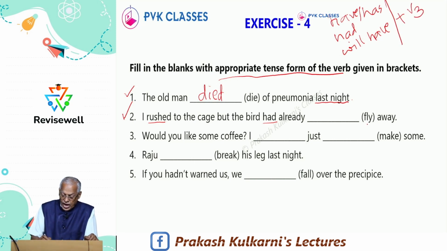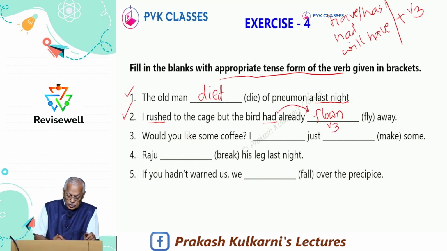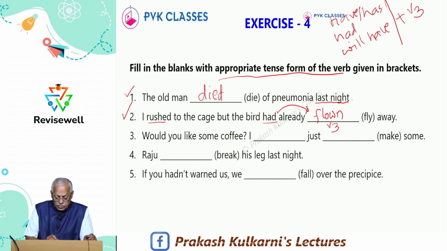So here fly, flew, flown. The third form is V3 because had is there. I rushed to the cage, but the bird had already flown away. Flown is the correct tense form of the verb.